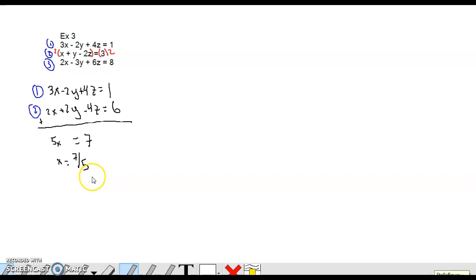So let's see if we can actually solve for a different variable. Let's try to eliminate something else and see what happens. We didn't use the third equation yet, so let's for sure use the third equation: 2x minus 3y plus 6z is equal to 8.